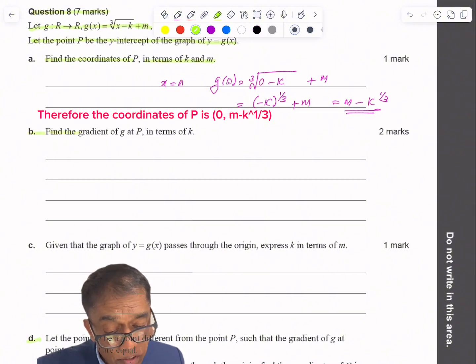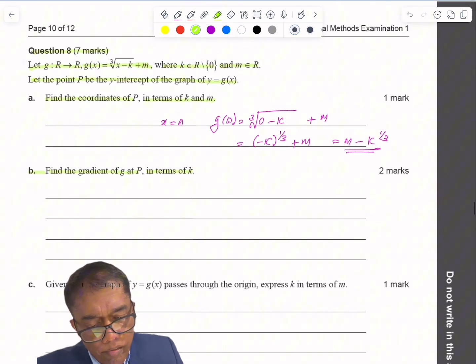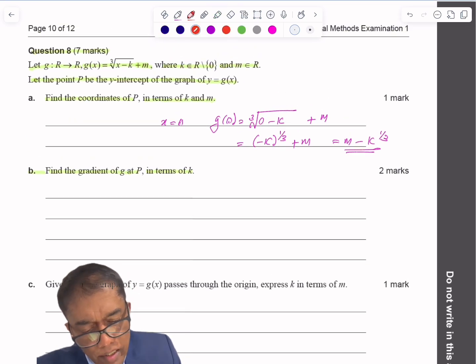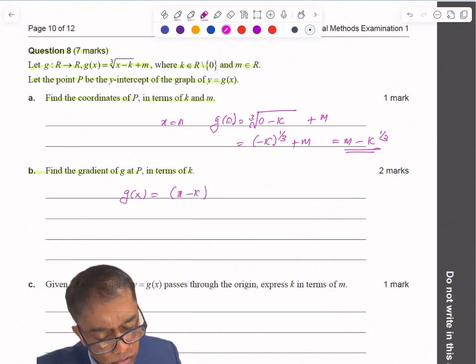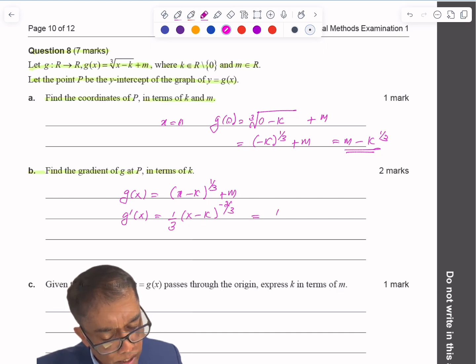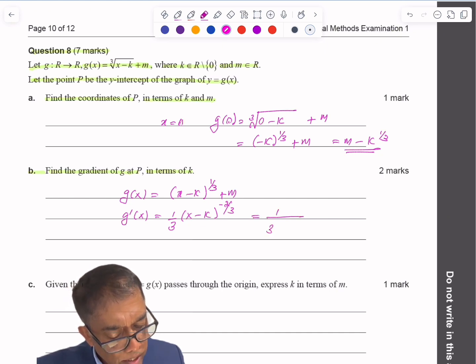Find the gradient of g at P in terms of k. The g of x is given, g of x is equal to x minus k to the power of 1/3 plus m. g dash x, using n x to the power of n minus 1, means 1 over 3 times x minus k to the power of negative 2 over 3.